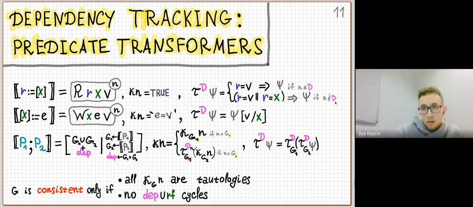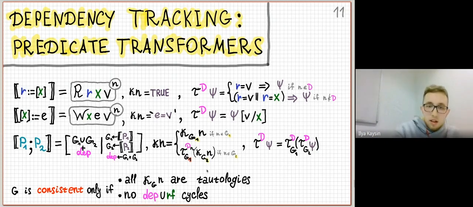Okay, and that's it. We say that the graph is consistent only if there are no dependency union RF cycles in this graph, and all the kappas for all the vertices are tautological. In some sense, this requirement gives us an upper bound for dependencies, because if we have too many dependencies, we can form a dependency union RF cycle, right?